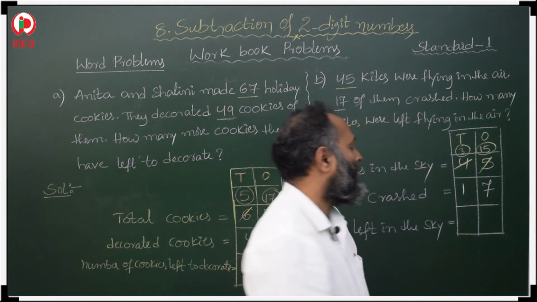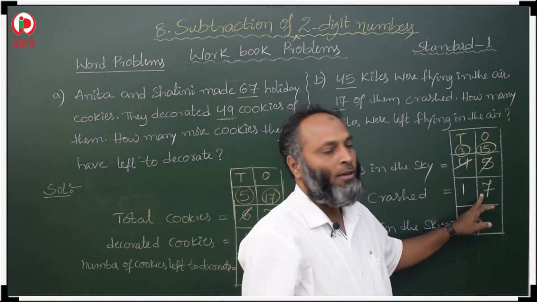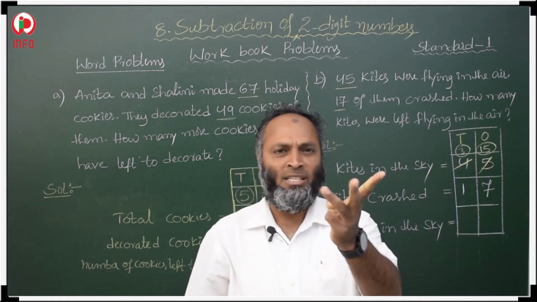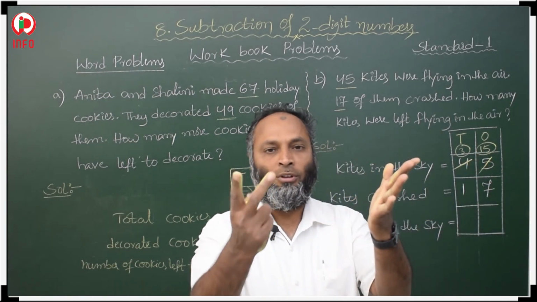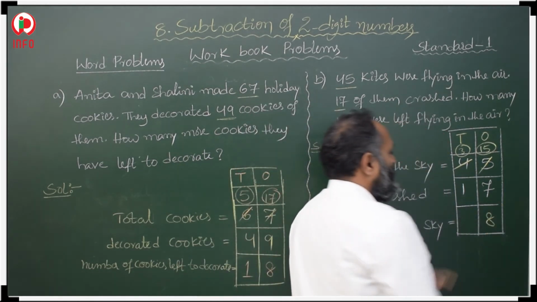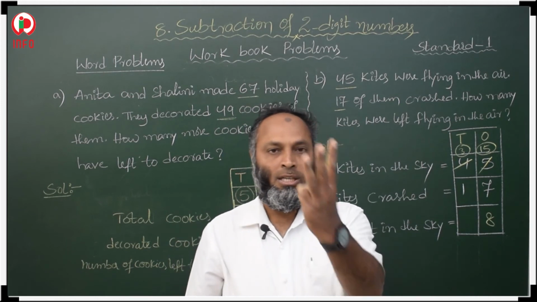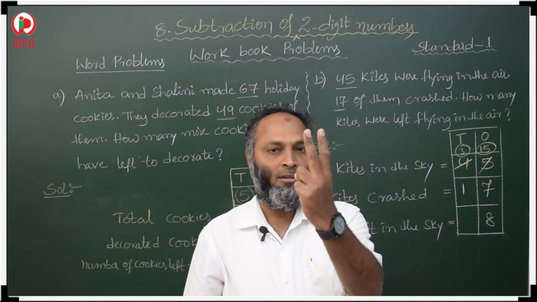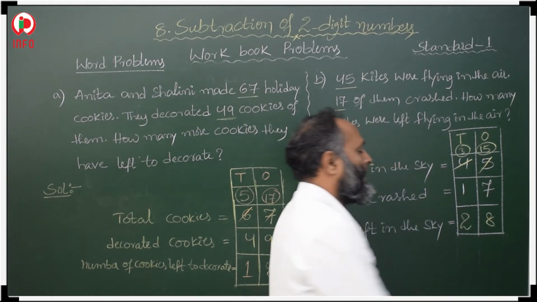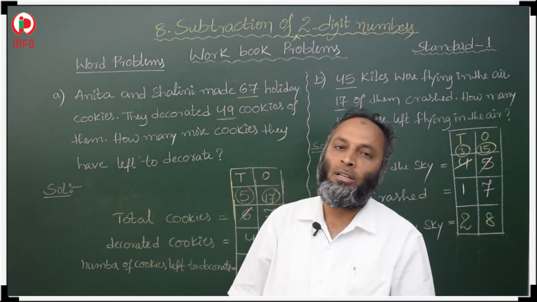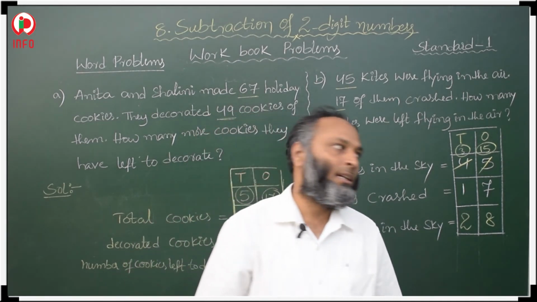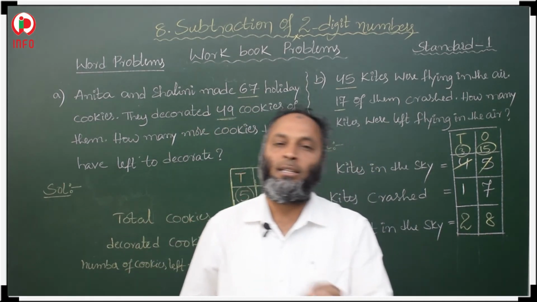Now 15 minus 7: from 8 to 15 we have to count. 8, 9, 10, 11, 12, 13, 14, 15. It is 8. Okay. 3 minus 1, so you will get 2. 28. This many kites are left in the sky after 17 kites crashed. 28 kites left. Okay.